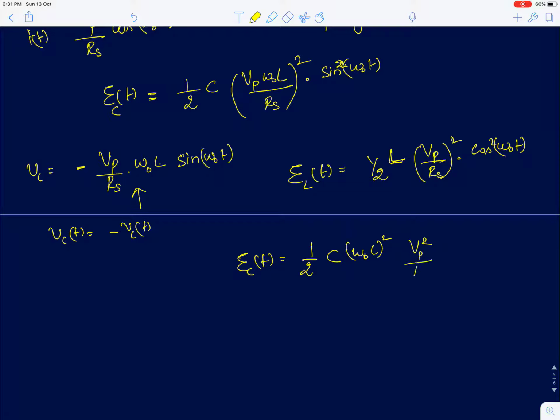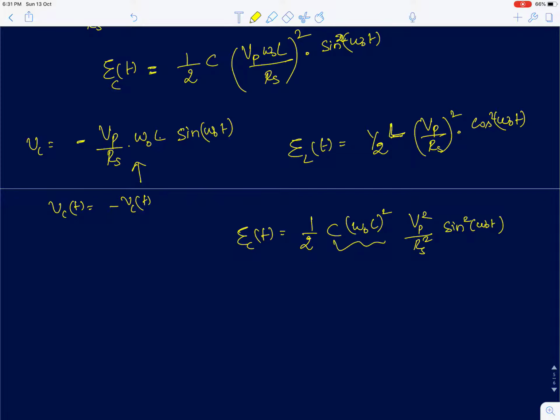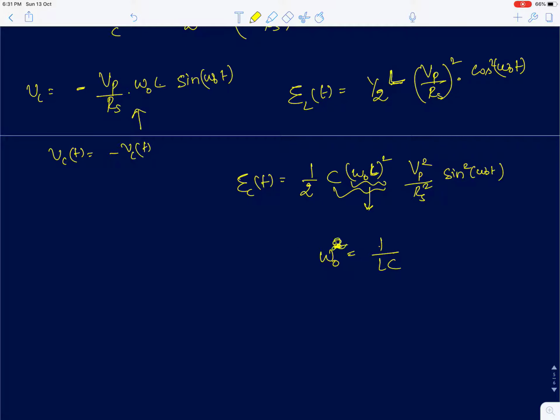So you would get Vp by Rs square sine square omega naught t. Now this term here, omega naught square, is 1 by LC. So we can easily show that.